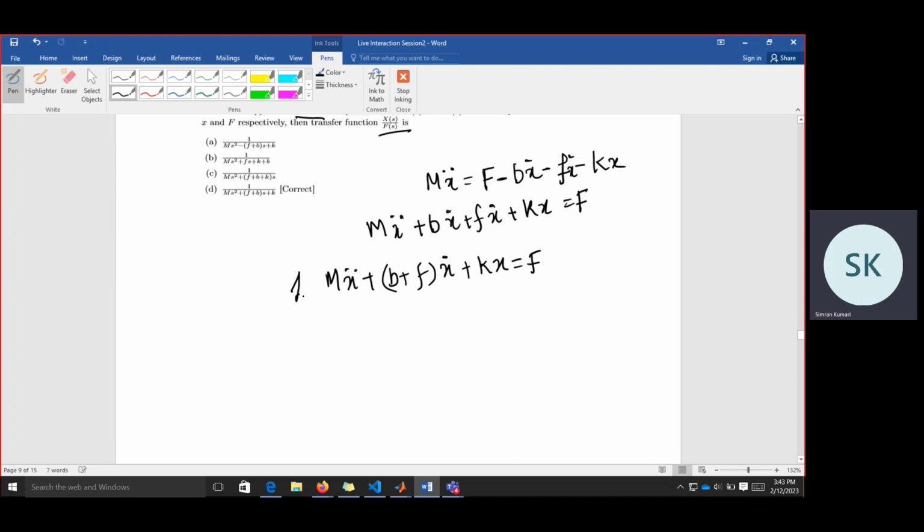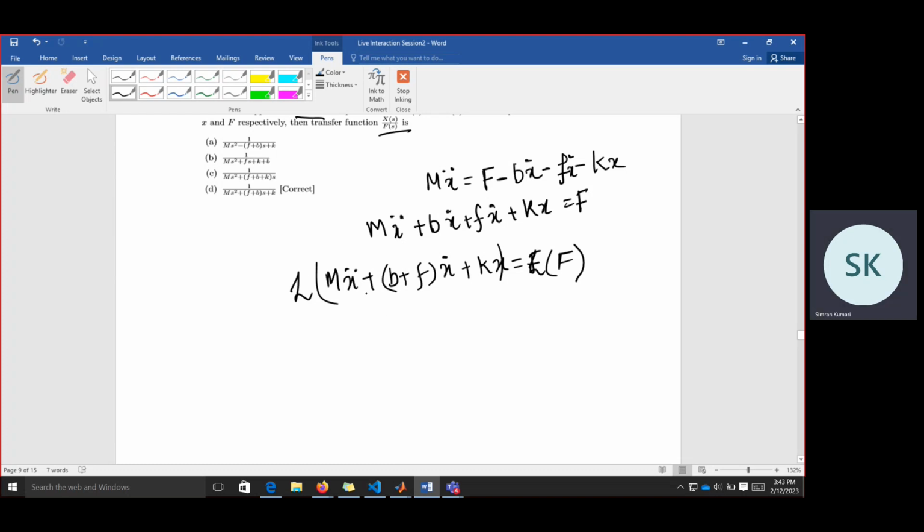Now we'll simply apply the Laplace transform. Since we have to find the transfer function, the transfer function is what? Laplace transform of output divided by Laplace transform of input, given the initial conditions are 0.